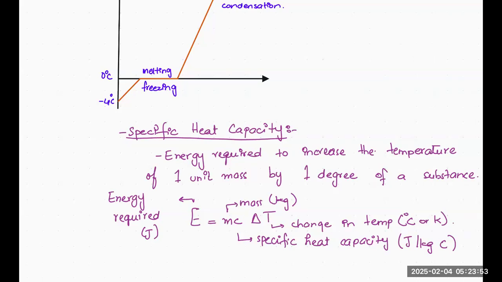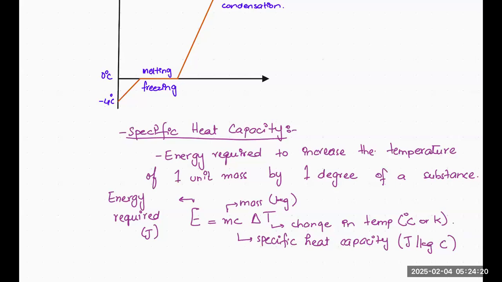Now, if you go back to the graph that I have shown you, you are going to notice something very interesting. You're going to notice that there are certain areas of the graph where the line is completely horizontal.